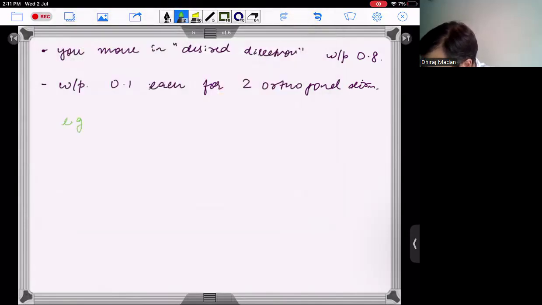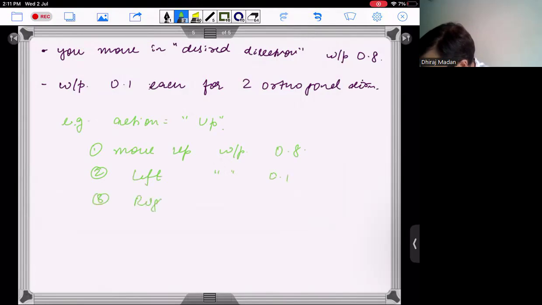If the action is up, you will move up with probability 0.8, left with probability 0.1, and right with probability 0.1. Similarly, if you want to go left, you will move left with probability 0.8, and the two directions orthogonal to left, up and down, will each have probability 0.1. This is how your transitions are designed based on the action you pick.